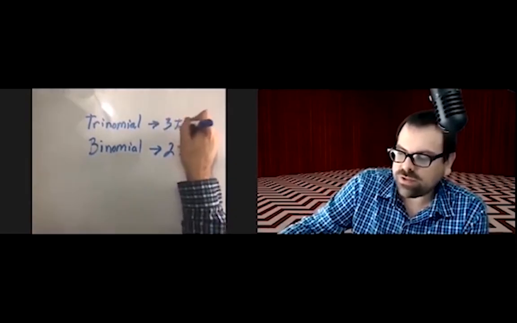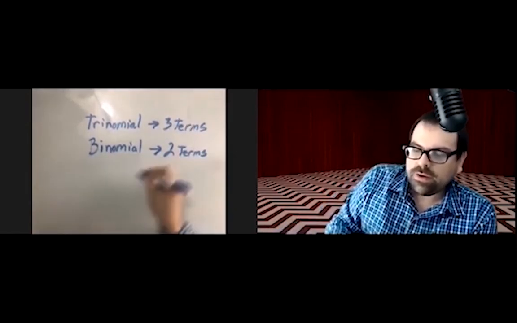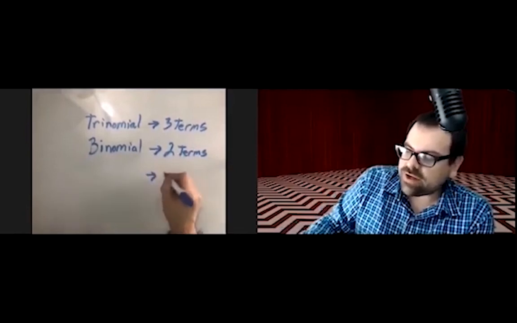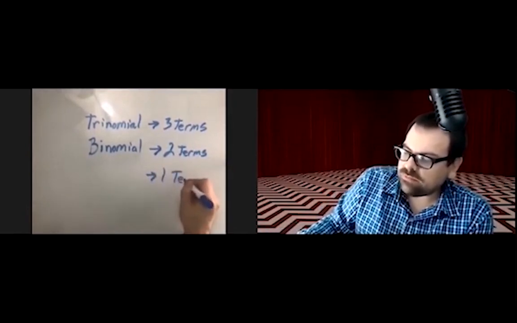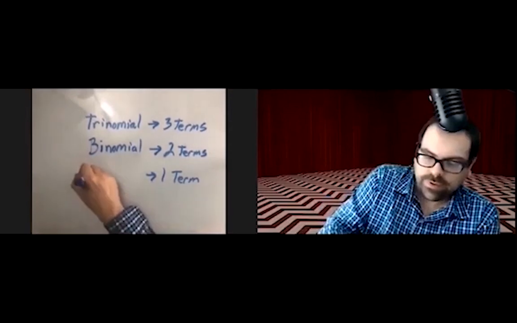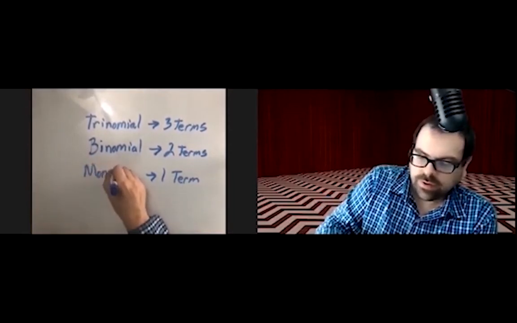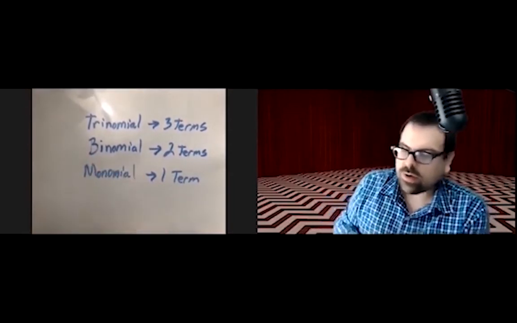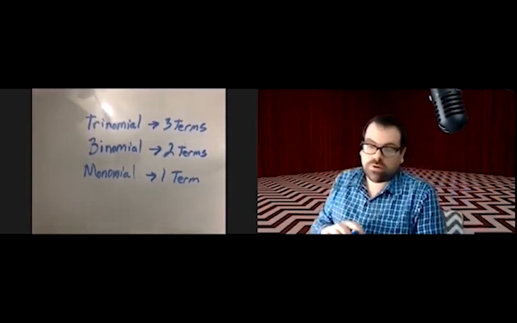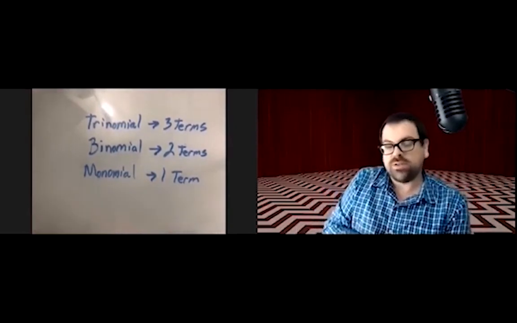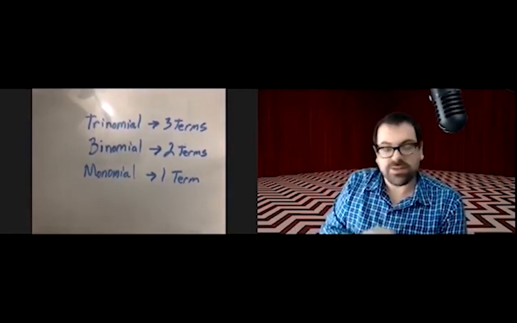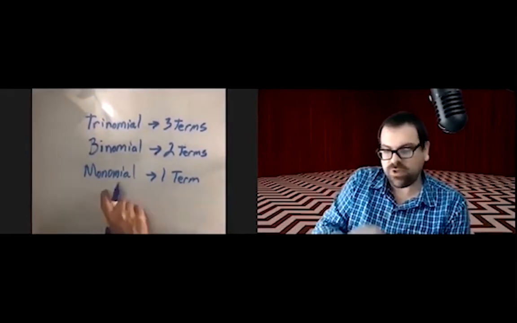Trinomial was 3 terms. And we even have a special name for a 1-term polynomial. A monomial. Back before stereo, there was mono, 1 speaker instead of 2, 1 term, monomial.